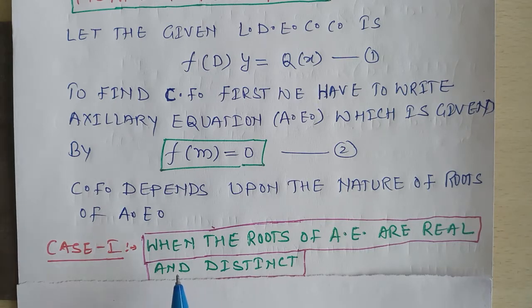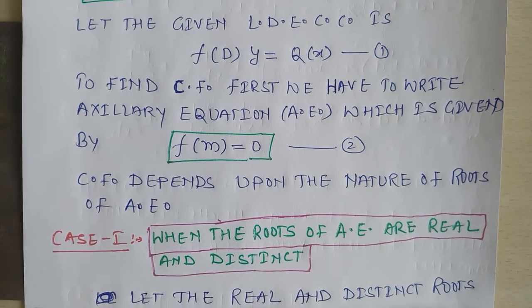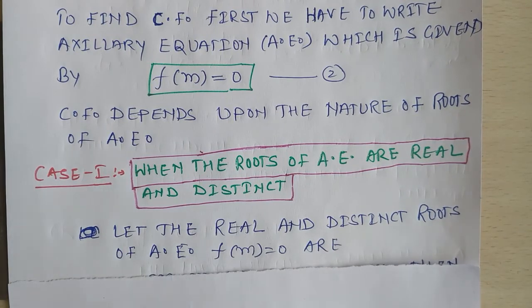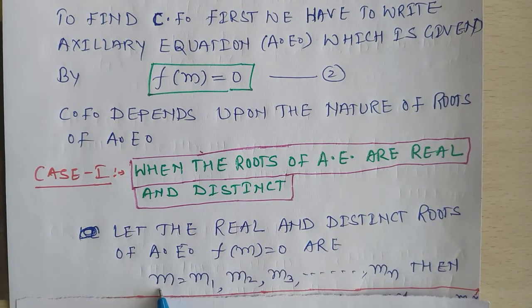Let the roots of the auxiliary equation f(m) equal to 0 be m1, m2, m3, and so on up to mn.